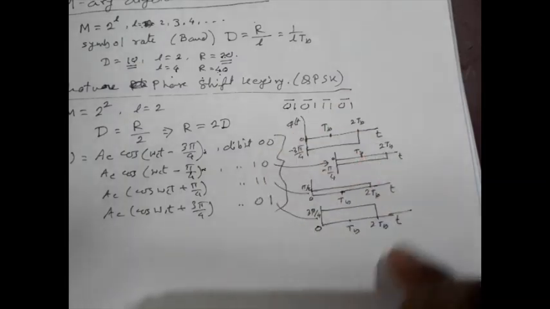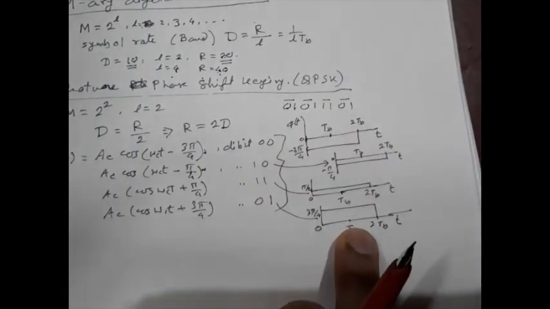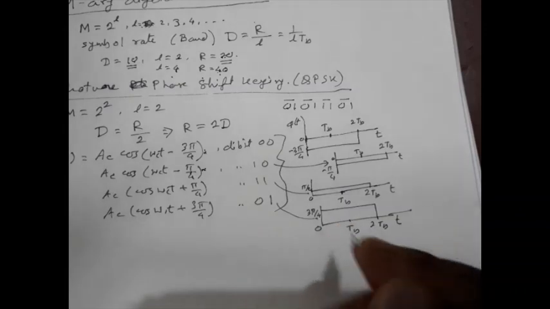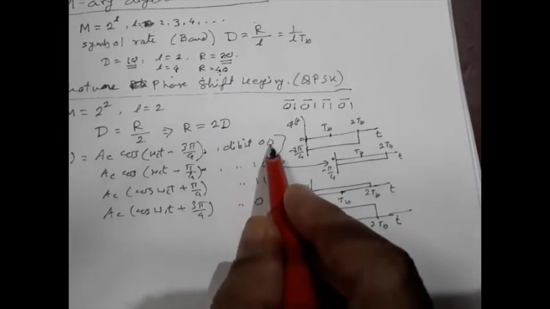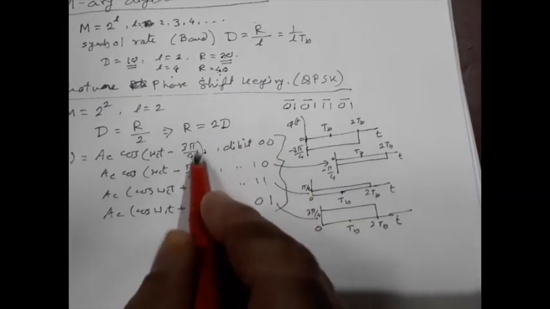So in this way the phase will vary, and for 2 bit periods the phase will be like this.